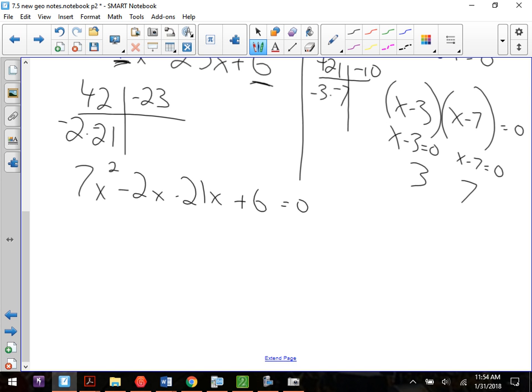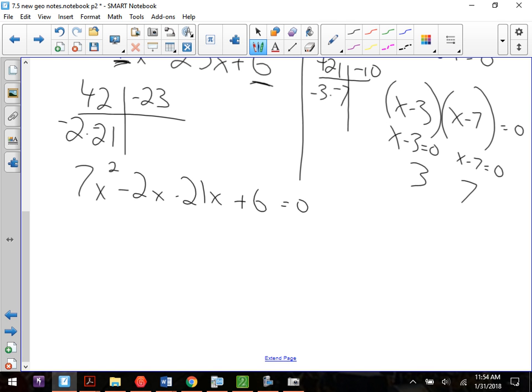What we're doing here is we took that middle term of 23 and we split it into the two terms that multiplied to the tails and added to the middle. This was all procedural last year.